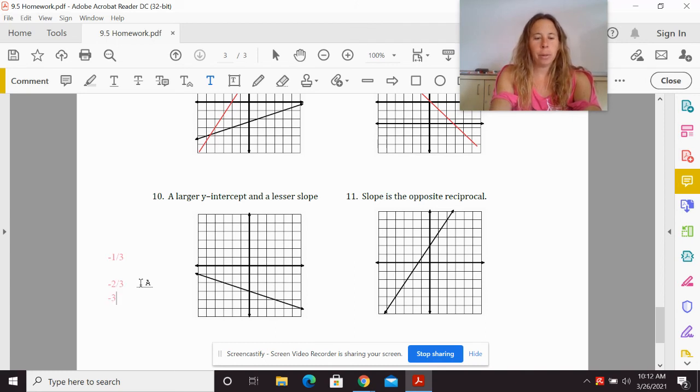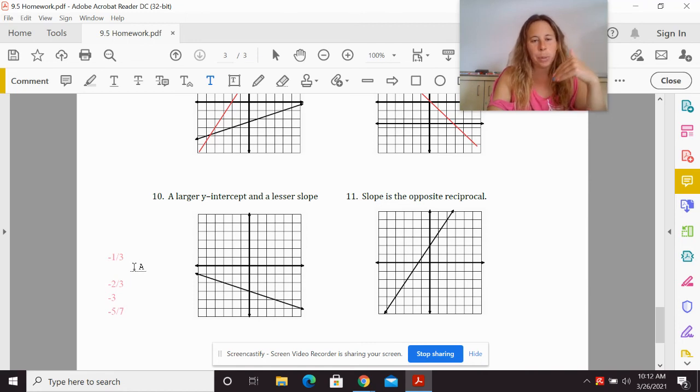A slope of negative 3 would work. A slope of negative 5 over 7 would work. Okay, it has to be a greater negative number than negative 1/3.